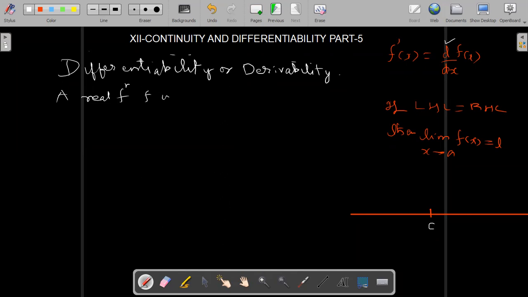A real function f is said to be differentiable at a point C in its domain. We will not use derivable, we will generally use differentiable.